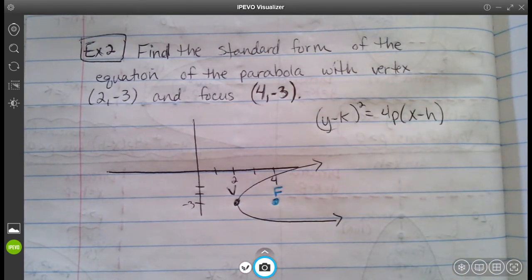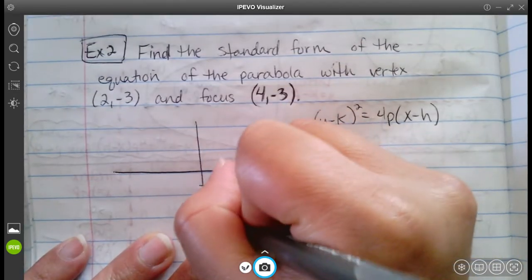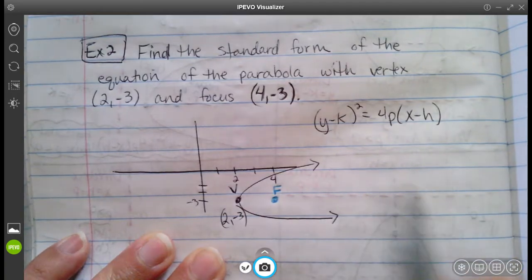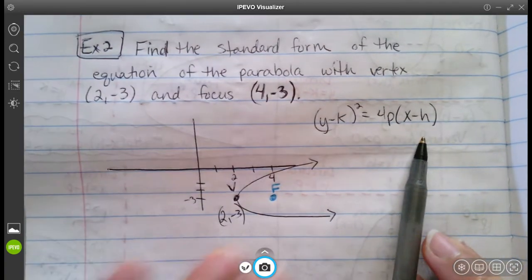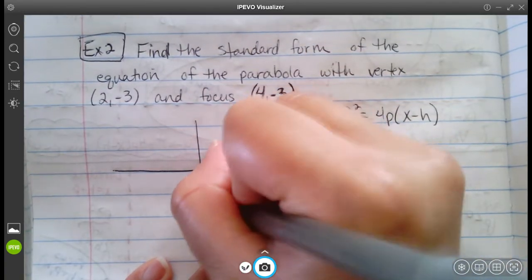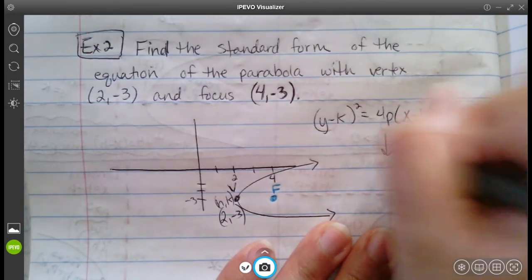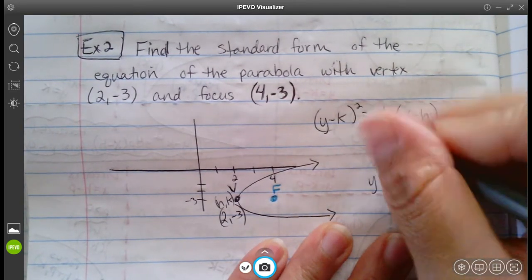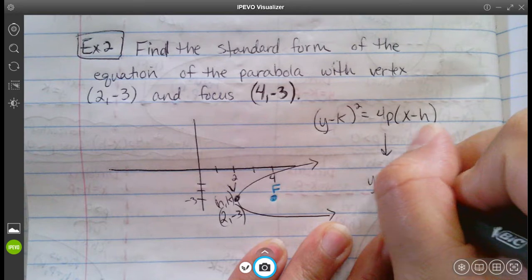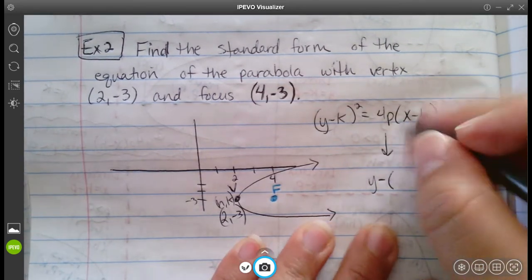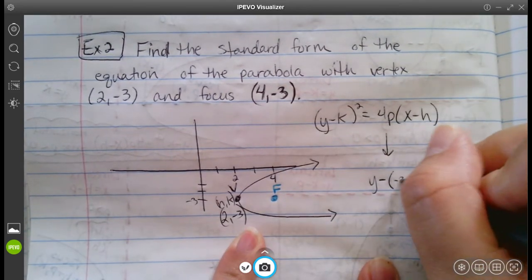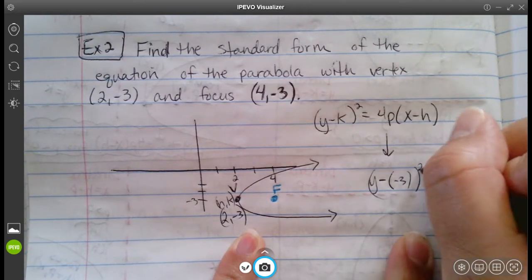First thing I'm going to do, before I even find p, I know that my vertex is (2, -3). If I plug that in here, this is h and this is k. I can say that this part is going to be y minus, and then my k is -3, so I'm going to plug that in there.